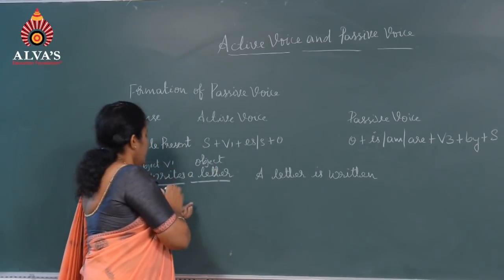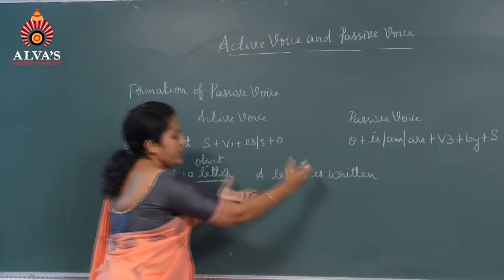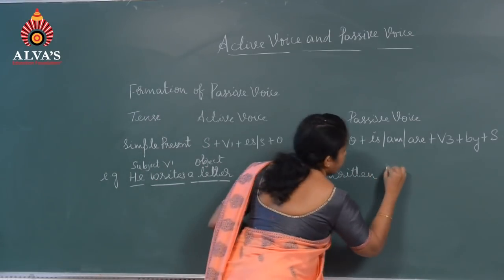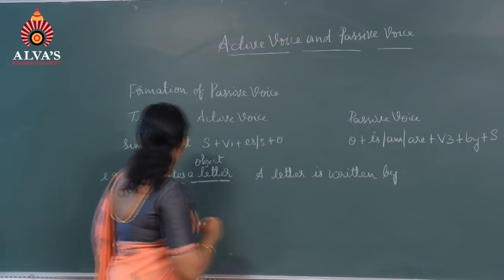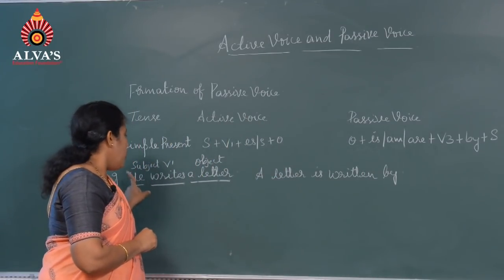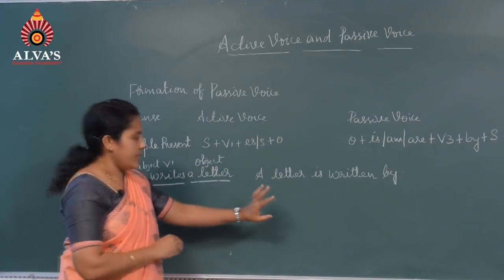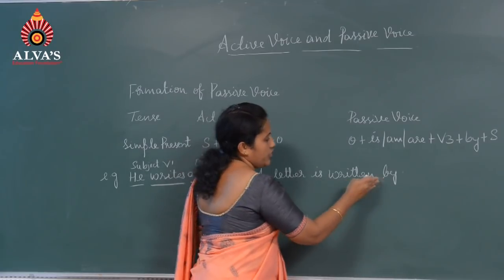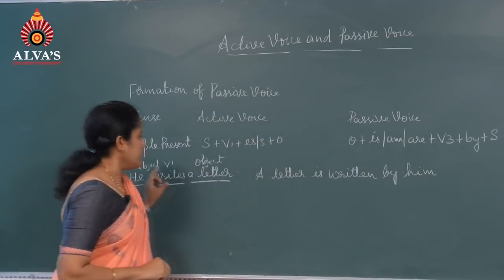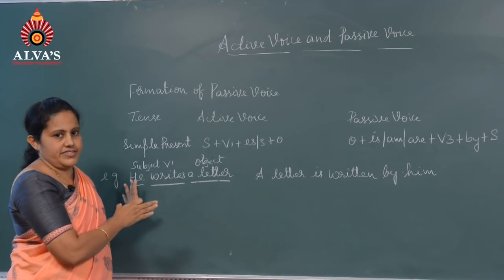Write is the verb, and its past participle form is written. A letter is written by, and here the subject he is there. When we change from active to passive, he becomes by him. So, a letter is written by him. This is a simple present affirmative sentence.